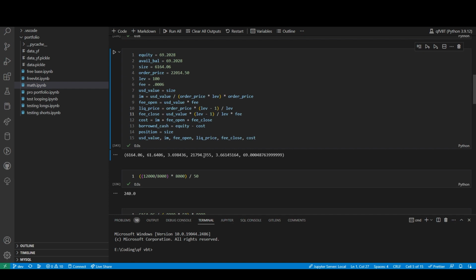Oh, it is true. Is that what our liquidation price is? So our leverage is 100.